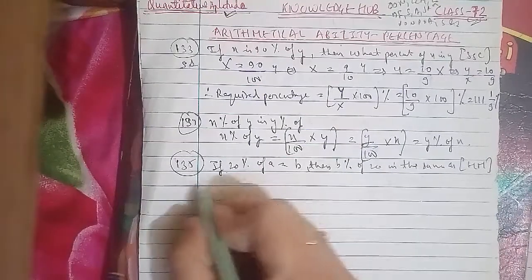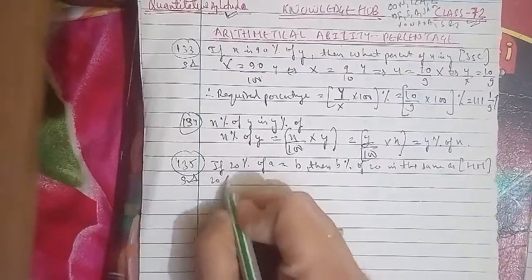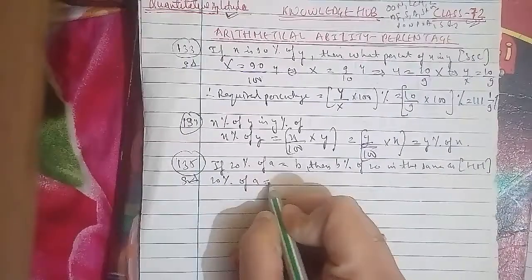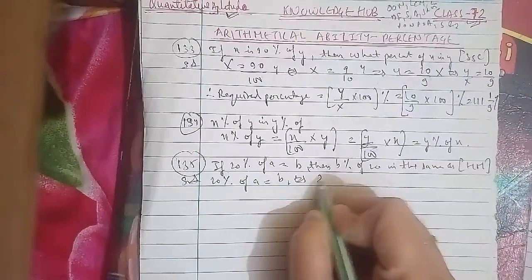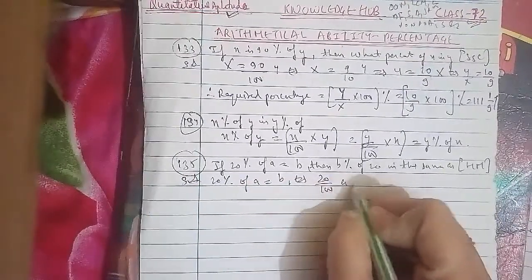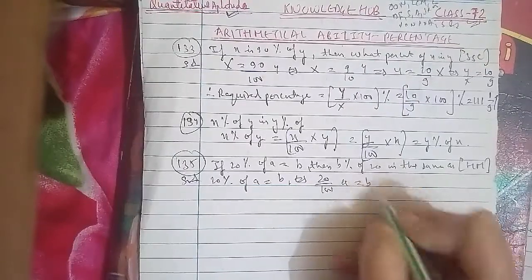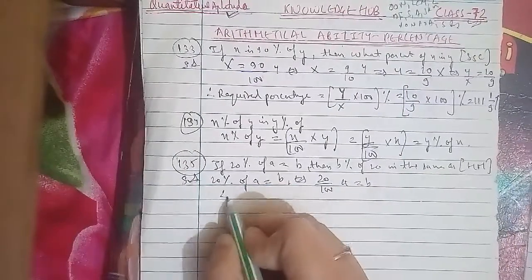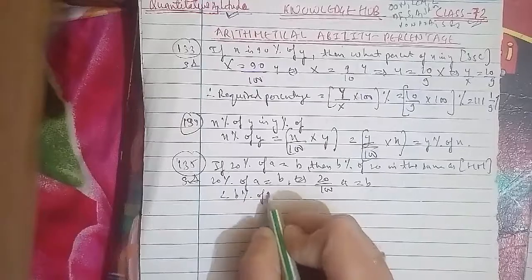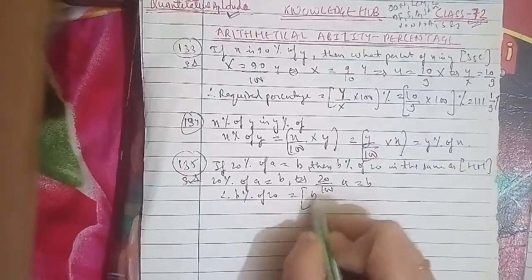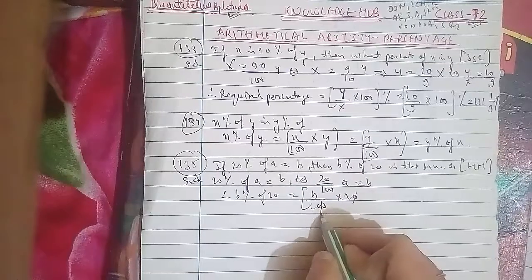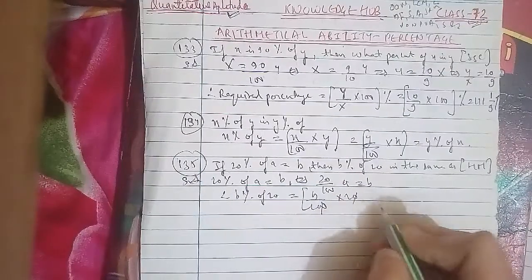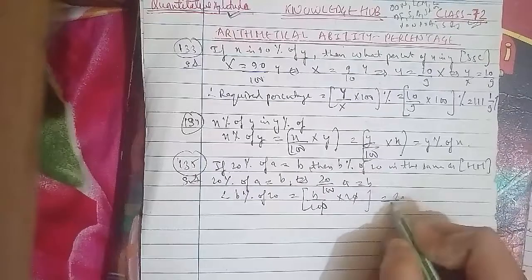So here we go ahead. 20% of A equals B, that is 20 upon 100 A equals B. So B percent of 20 is equal to B upon 100 into 20, the 0 being cancelled by 0, so further it is 20 upon 100.